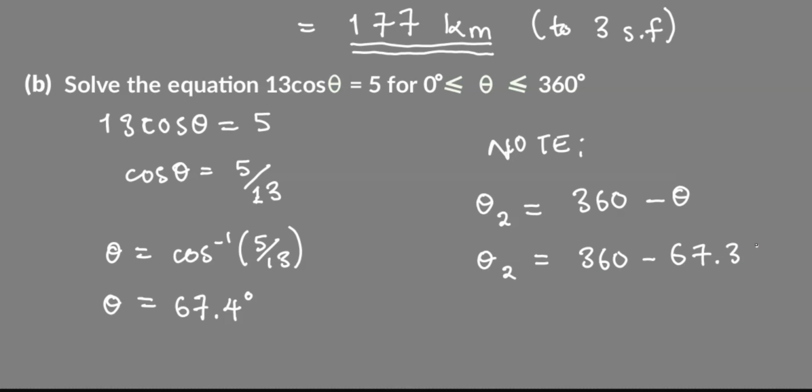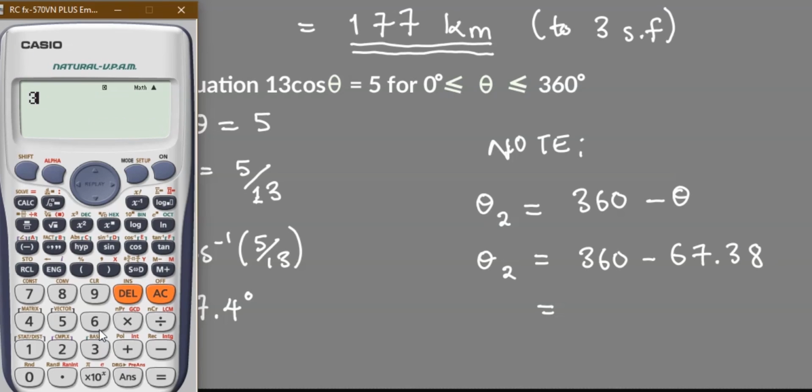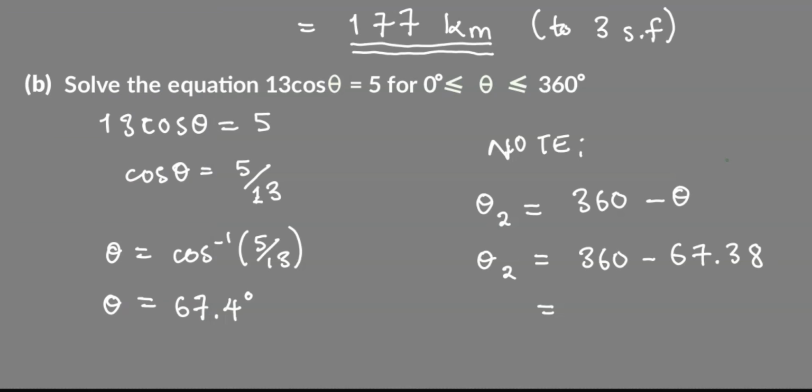I've just gotten the non-rounded off answer. Then if we calculate that, 360 minus our answer, instead of just using that, I use a more accurate one, so it's 292.61. I'm going to round it off to 1 decimal place, so it will just be 292.6 degrees.